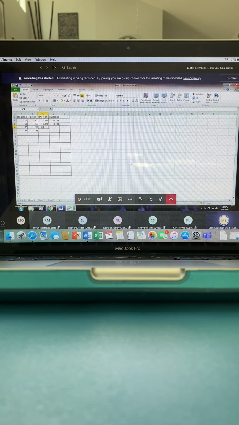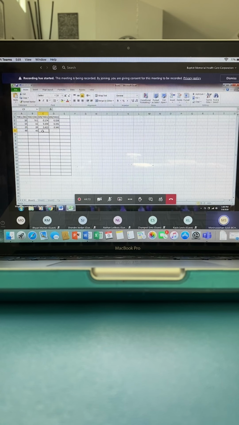Let's try sine of 25 degrees. The sine of 25 degrees gives 0.423. Okay, that's the number I got. And let's try sine of 20 degrees. The sine of 20 degrees is going to give you 0.342, so three digits I got.